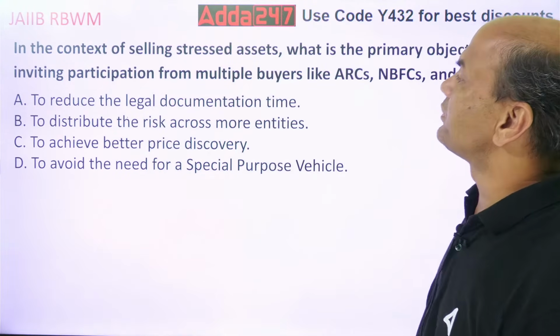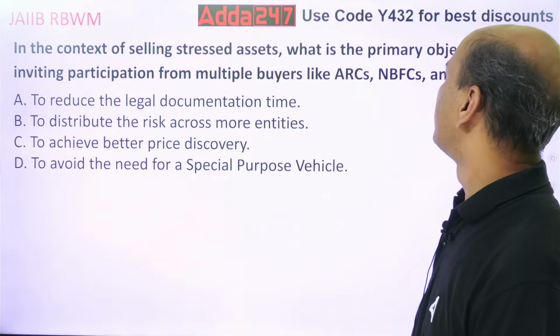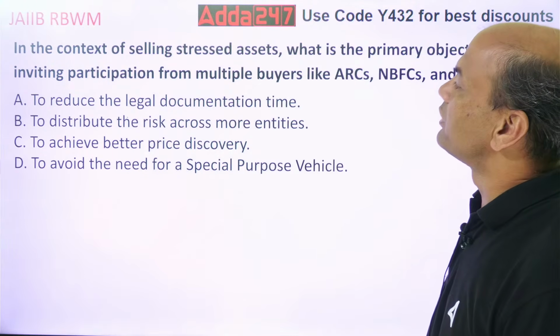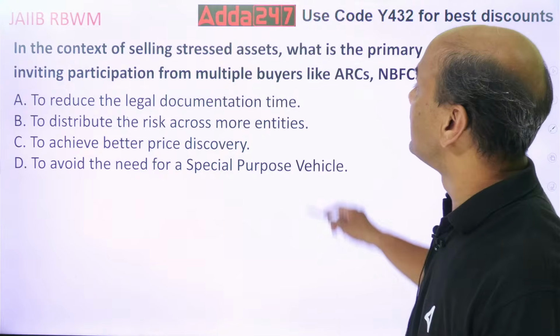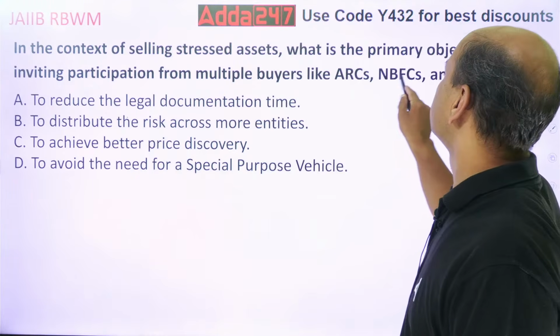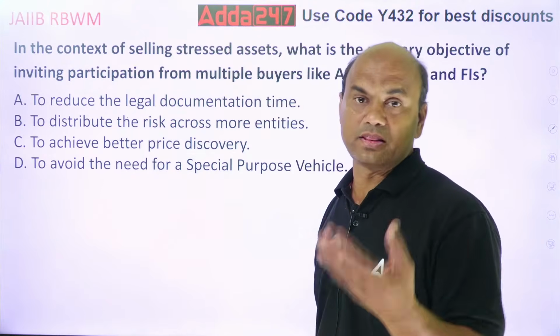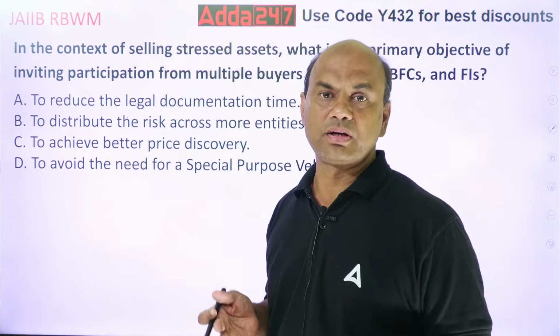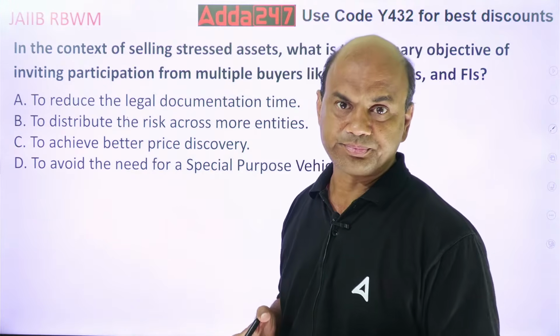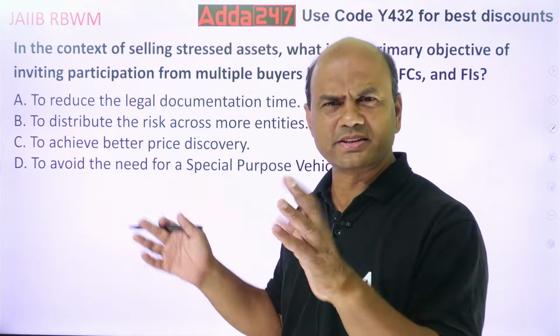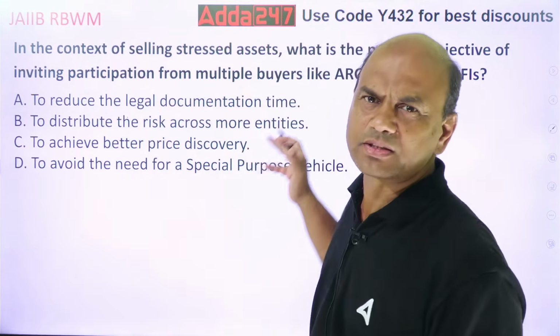In context of selling stressed assets, what is the primary objective of inviting participation from multiple buyers like ARCs, NBFCs and FIs? Whenever we sell the loans under securitization, why do we invite these NBFCs, ARCs, all these companies?